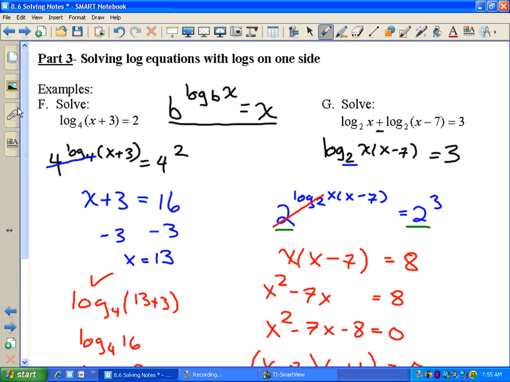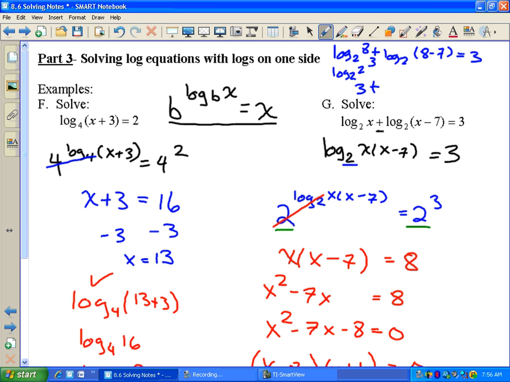So up at the top, I want to do log base 2 of 8 plus log base 2 of 8 minus 7. And I want to see if that equals 3. Well, log base 2 of 8, this is log base 2 of 2 cubed. So this is 3.